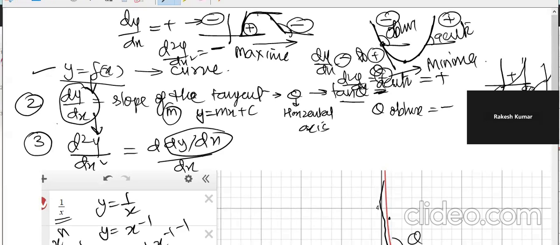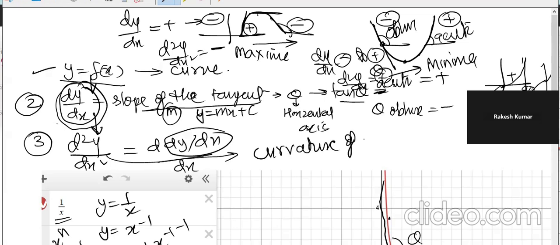Then there's another thing. This is about the maths. What about the visualization? If dy by dx is the slope of the tangent, the second order derivative is the curvature of the curve. Now you will gradually come to know this. I will make you feel it with different examples.